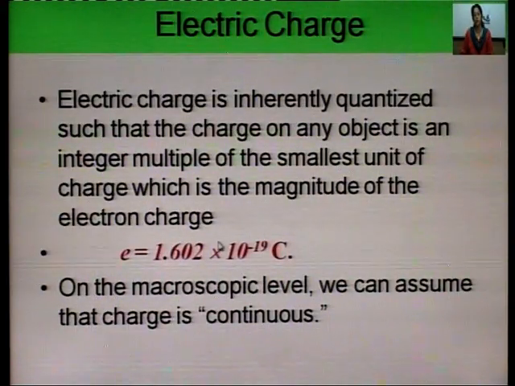The charge on an electron e is 1.602 into 10 raised to the power minus 19 Coulomb. On the macroscopic level, we can assume that charge is continuous. So at higher levels we can say the charge is continuous.